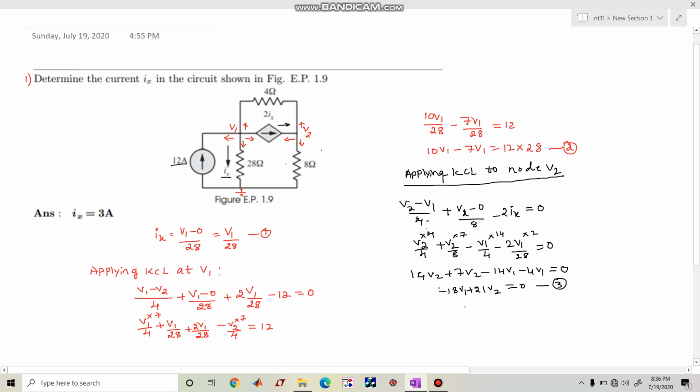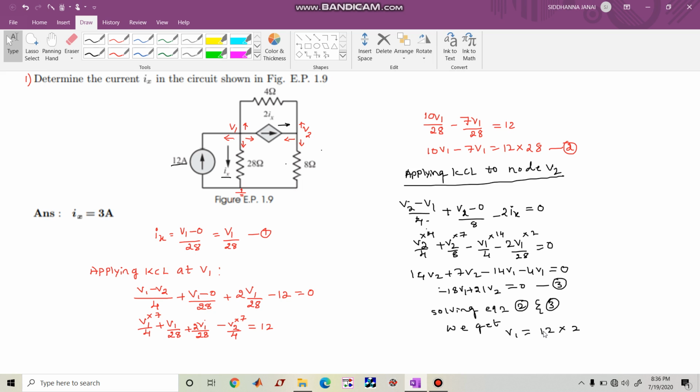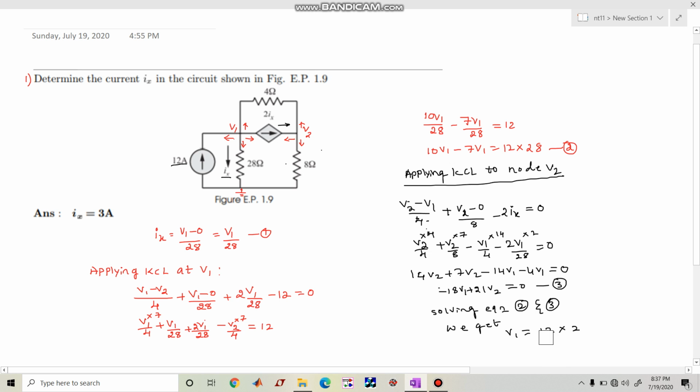If we solve equations 2 and 3, we get V1 is equal to 12 into 3 into 28, but Ix is equal to V1 by 28.